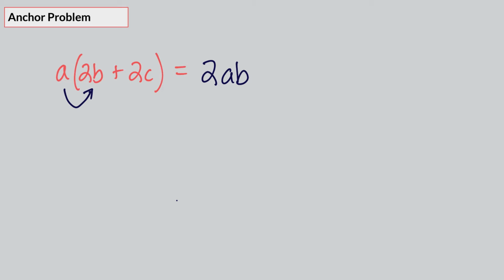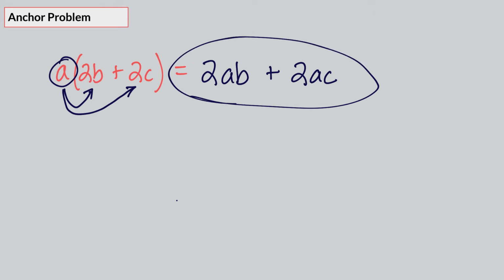So this is really another way of writing 2 times a times b. I'll then multiply the a times the 2c, so I will say 2ac. Again, this is my expanded expression using the distributive property.